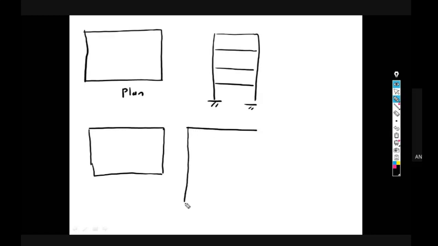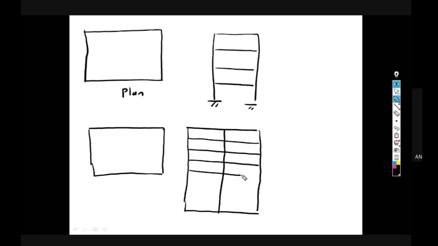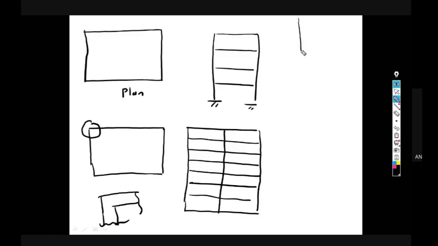Schedule of, let's say, columns or beams. Okay. And there is a kind of table like this, let's say. Then there is some blow-up, zoomed to the scale, let's say. Then there is a title block over here.